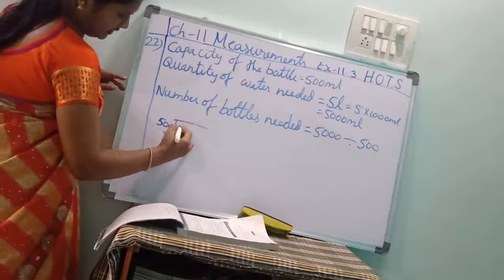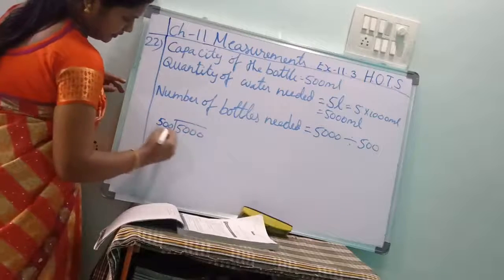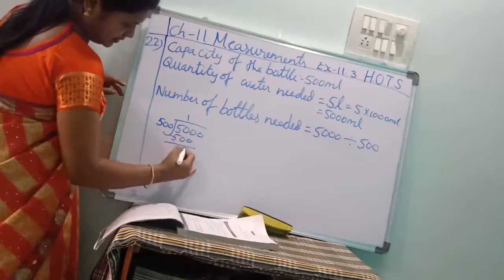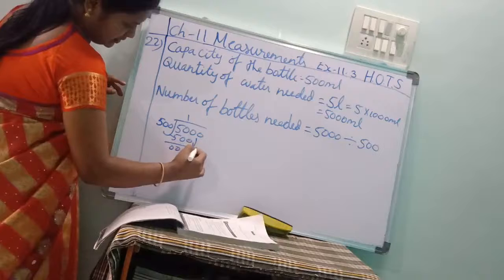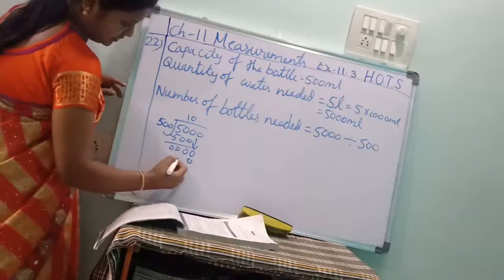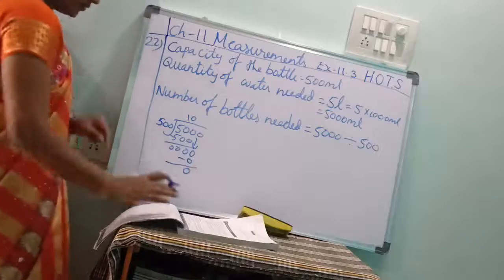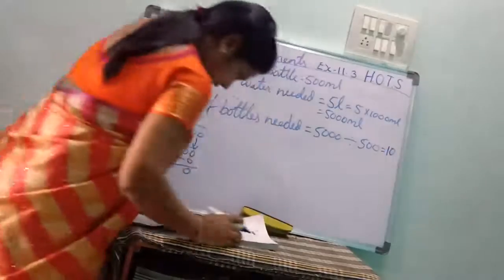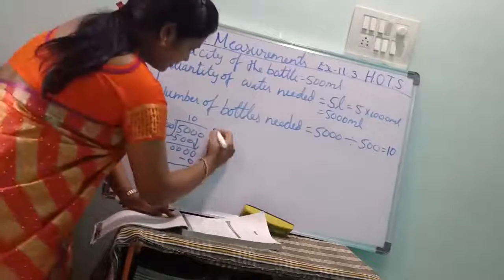5000 divided by 500. 5000 ones are 5000, minus, 0, 0, 0. This 0 you should take down. 5000 zeros are 0 here. What is that? 10. Okay.